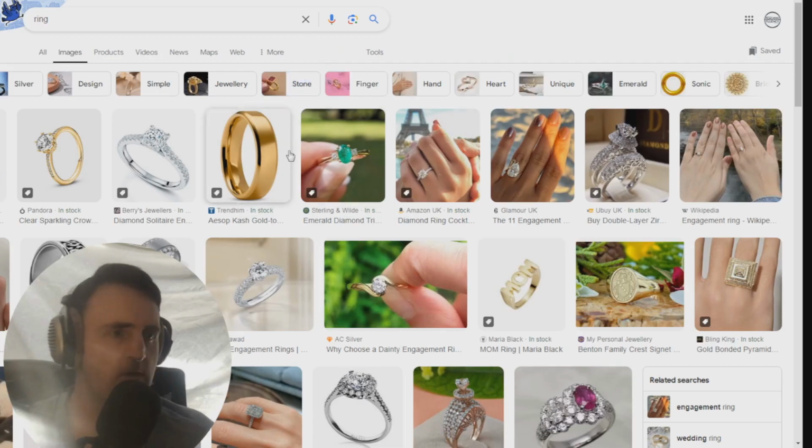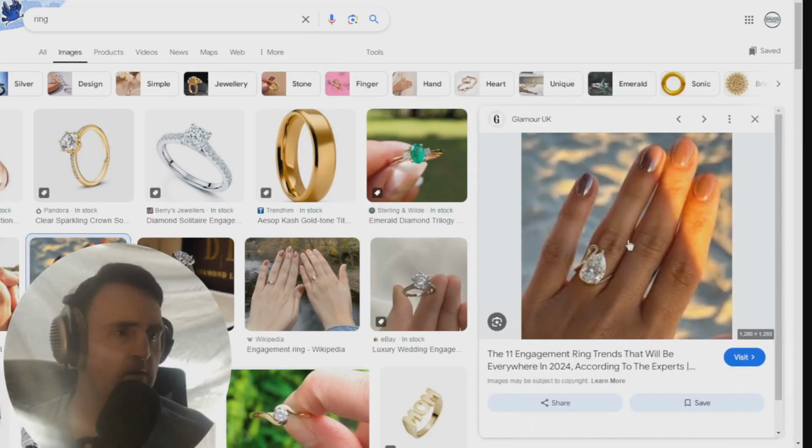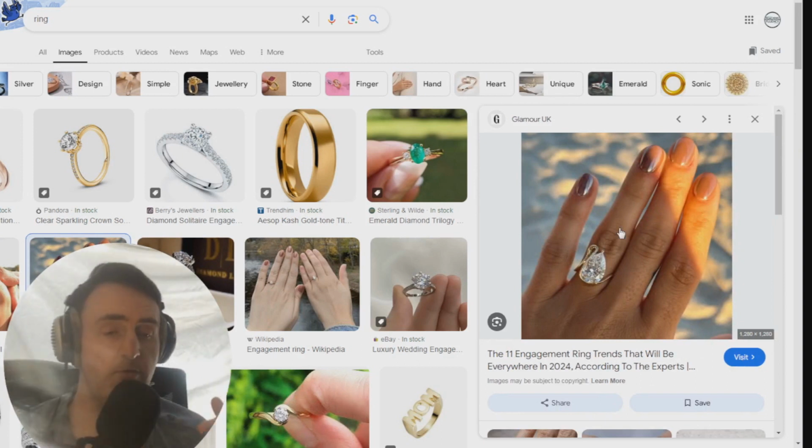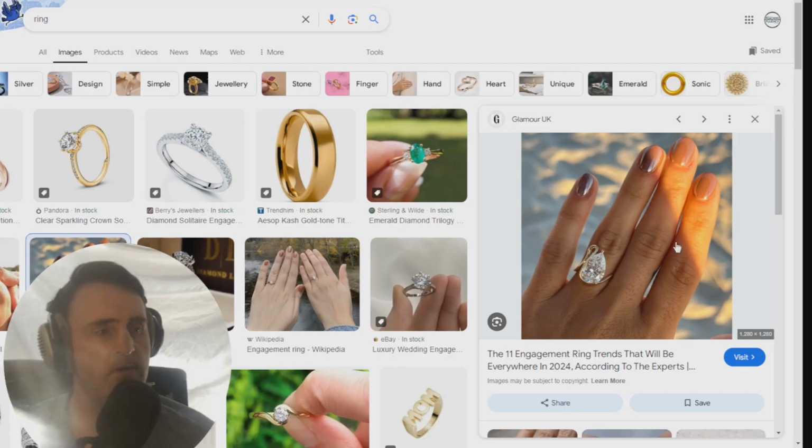Then we have a ring on your finger. Do you have a ring? Another type of ring is a sound. So your telephone will make a ringing sound. It'll go ring ring, ring ring. That's a ring. And this is a ring. One you hear, one you wear.